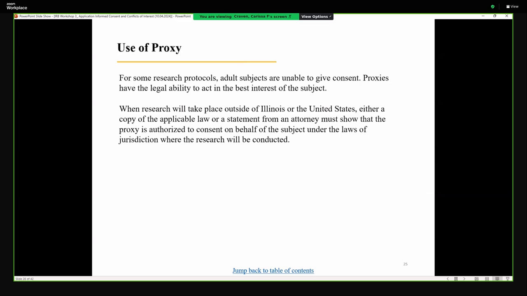I assume most of us live in Illinois, so we do have to follow Illinois law. So when the research takes place outside of Illinois, or especially outside of the United States, the IRB has to be given a copy of either the applicable law that governs or a statement from an attorney in that jurisdiction that shows that the proxy is legally authorized to consent.